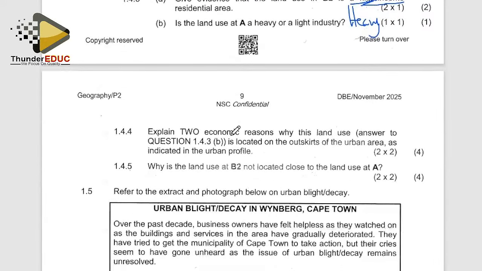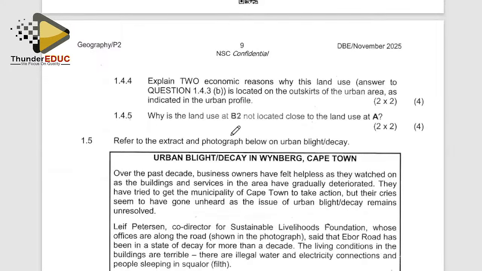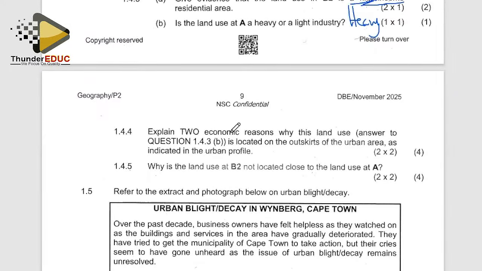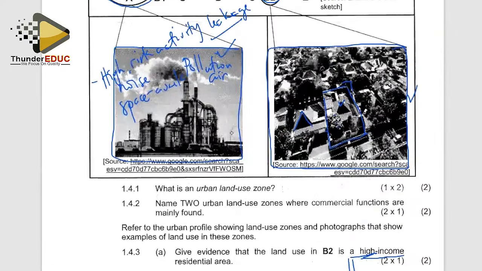So for economic reasons, mainly, those were general reasons that we're highlighting. For economic reasons, we are saying one reason is availability of space, availability of cheaper land.